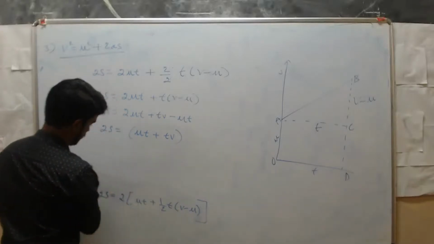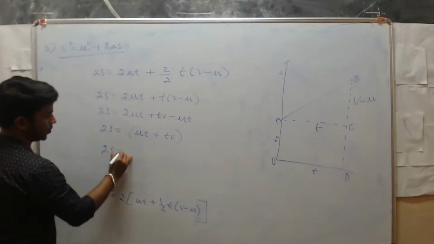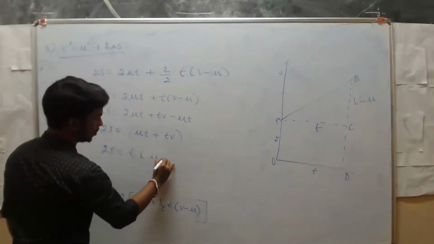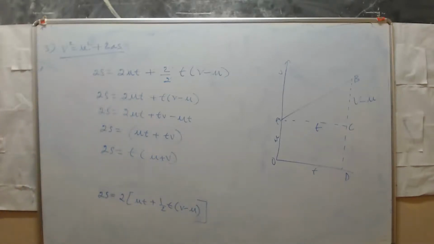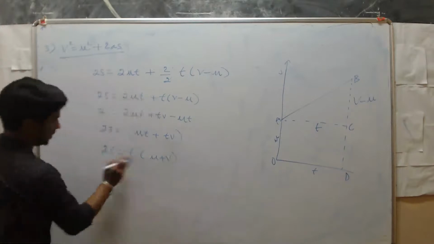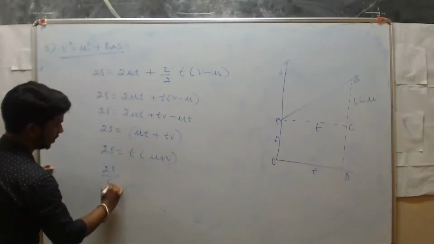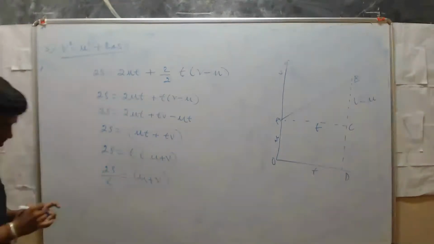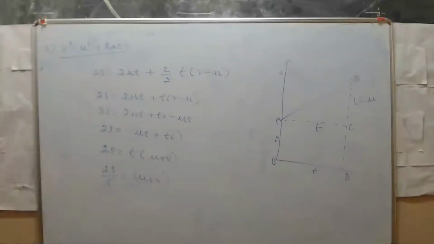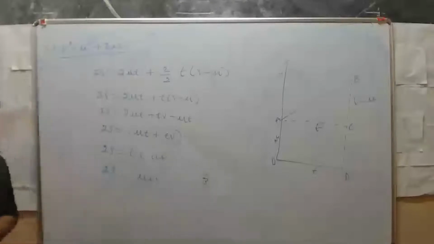Next, take T outside. 2S is equal to T into U plus V. So now bring T to this side, that is 2S divided by T equals U plus V. Call this equation 3.